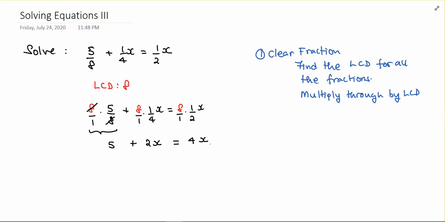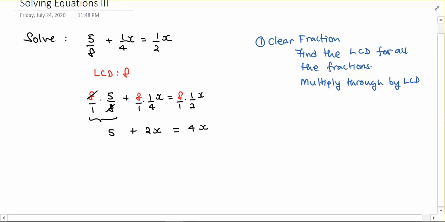So if you multiplied correctly and simplified correctly, what you will get is an equation with no fractions. And then you proceed to solve this like you would any other equation. So let's get the variables to one side. This time I'm going to get the variables to the right side, so I'm going to subtract 2x from both sides.